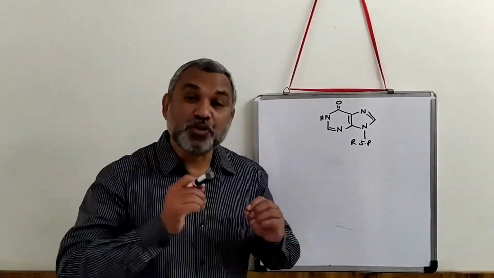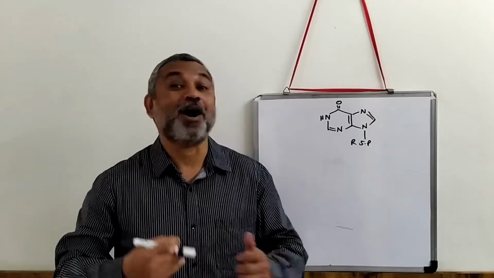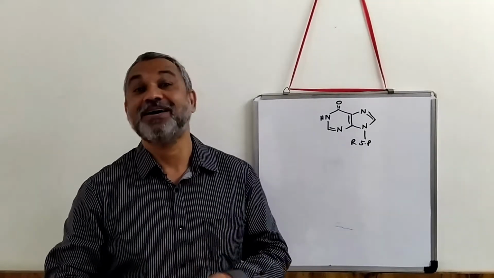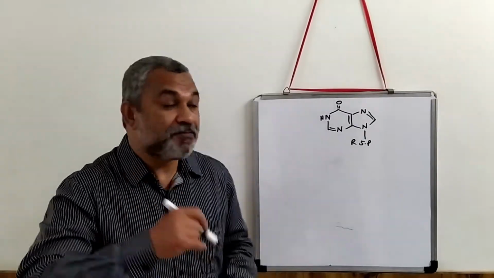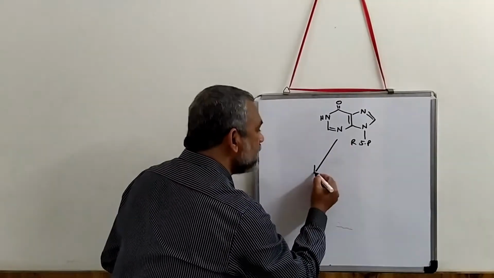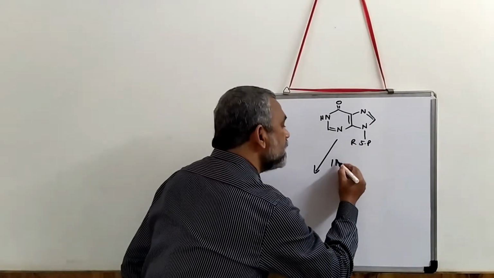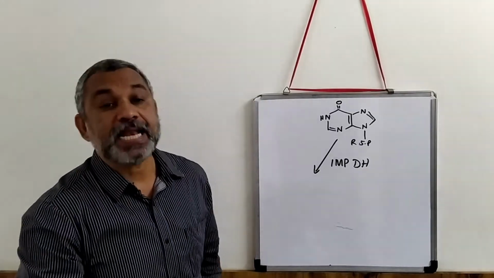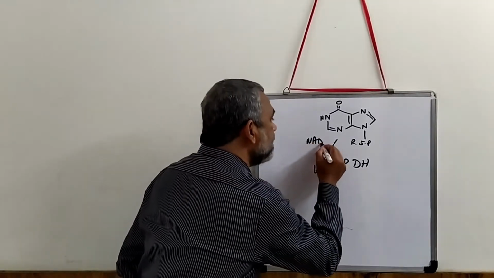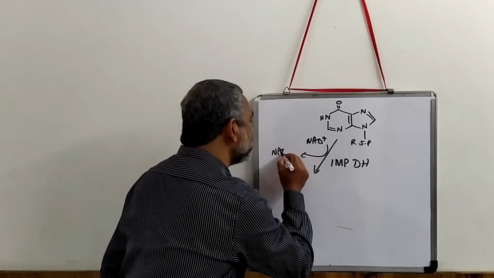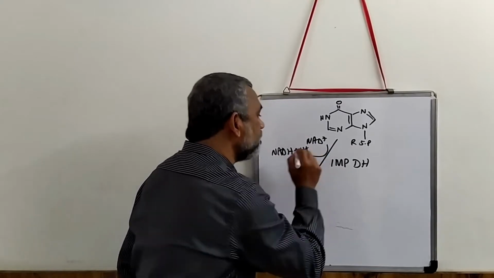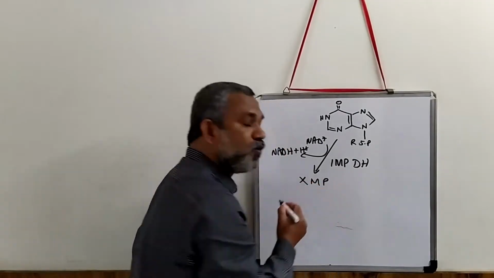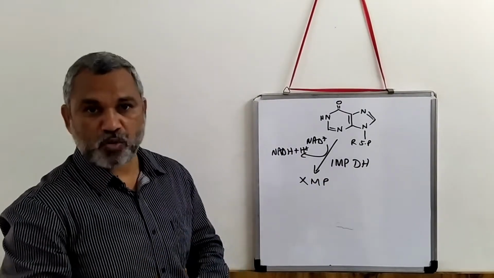Once we have inosine monophosphate, let us see how we make the other purine nucleotide, that is GMP. The first step is catalyzed by an enzyme known as inosine monophosphate dehydrogenase. It is an NAD dependent enzyme. So NAD plus gets reduced to NADH plus H plus, and it forms xanthine monophosphate.